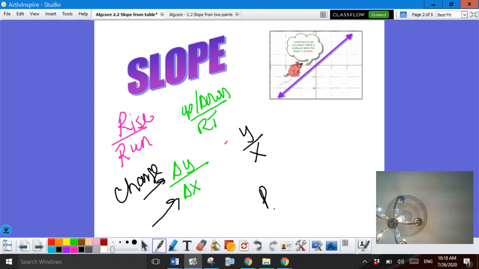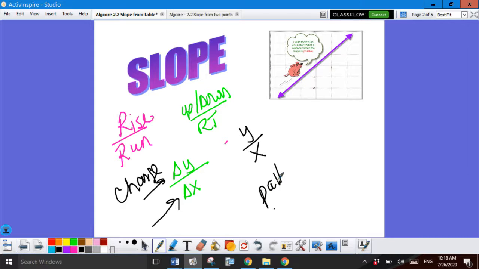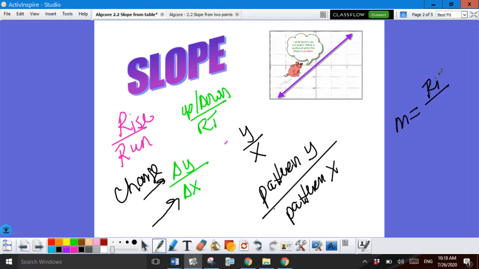So specifically, we're going to be looking at the pattern of the y over the pattern of the x. And remember, slope is a fraction. It is the rise over the run.